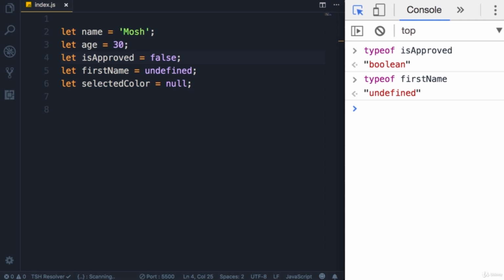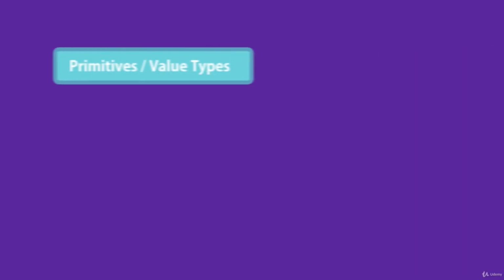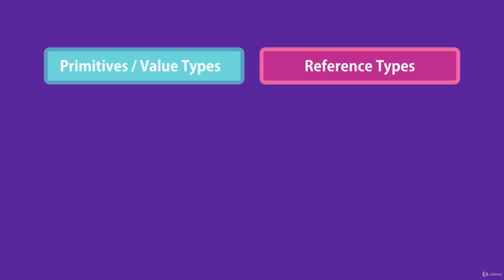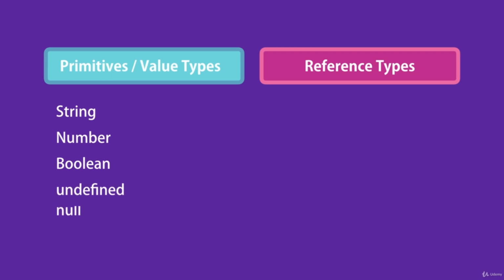It's undefined. And that's funny because the value of this variable is undefined, but its type is also undefined. What does this mean? Well, earlier I told you that we have two categories of types. We have primitives or value types and reference types. In the primitive types category, we have strings, numbers, booleans, undefined, and null.